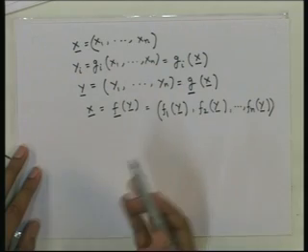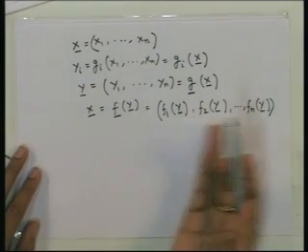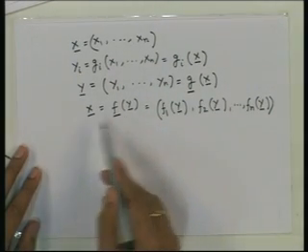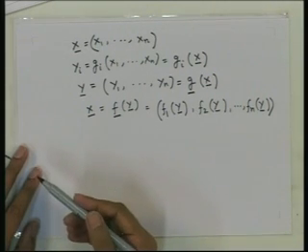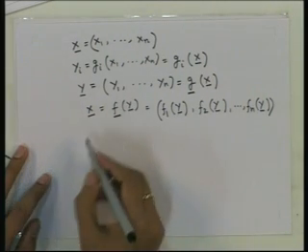Now, given any such transformation of a vector, we can compute what is called the Jacobian of the transformation. So, what is the Jacobian?